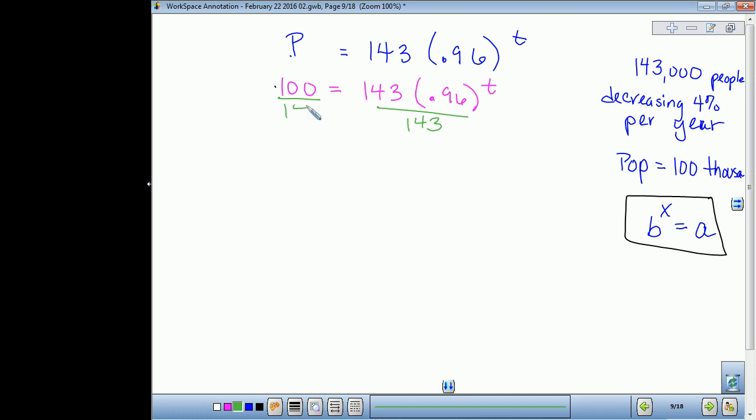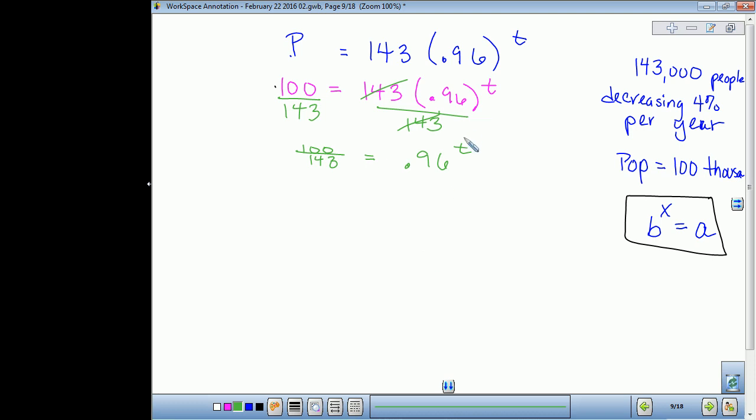Now, if it divides nice and pretty and gives you a terminating decimal, go for it. If it doesn't, leave it. We don't want to approximate here and then compound that error. So we're never going to round until the very last step. So we get 100 over 143 equals 0.96 to the t.